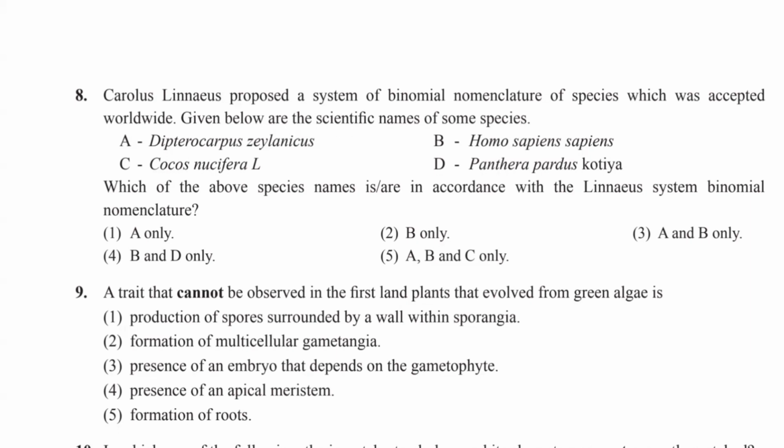Then Robert H. Whittaker, right? After the electron microscope was discovered, scientists identified that there are 2 types of cellular organization, prokaryotic and eukaryotic. So after that, Robert H. Whittaker introduced the 5 kingdom classification: Monera, Protista, Fungi, Plantae, Animalia.